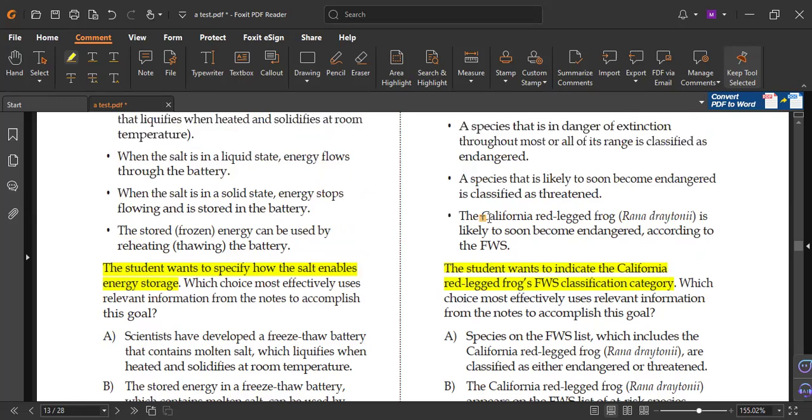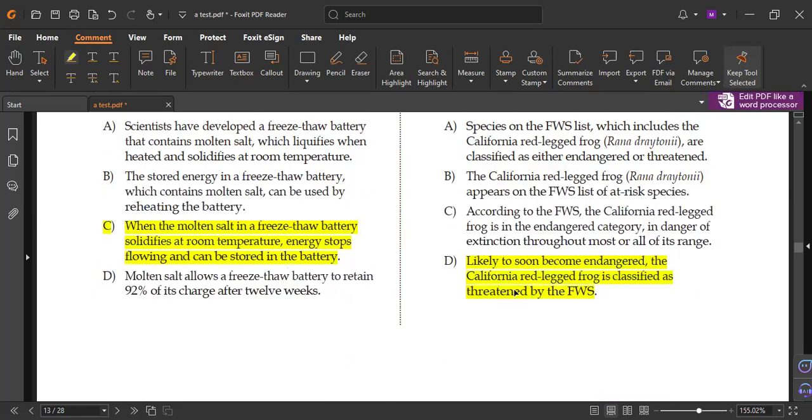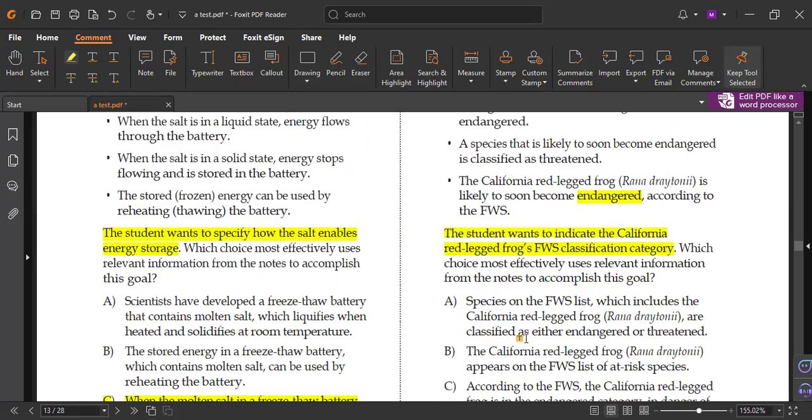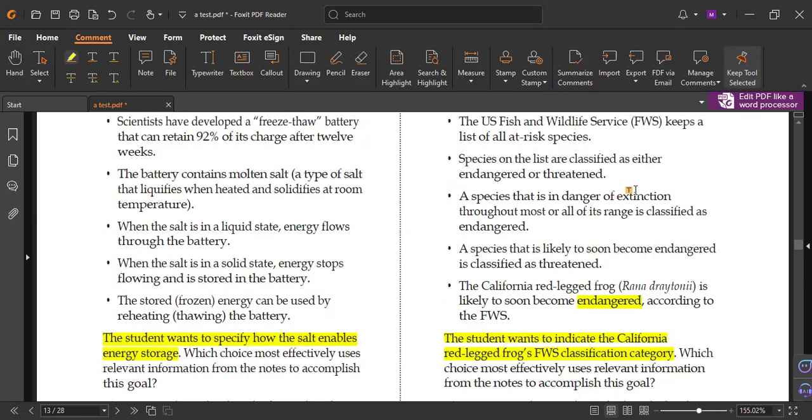As mentioned here, the California red-legged frog is likely to soon become endangered, according to FWS. Species on the list are classified as either endangered or threatened. So is this the one in the question, the red-legged frog? Yes. This is great.